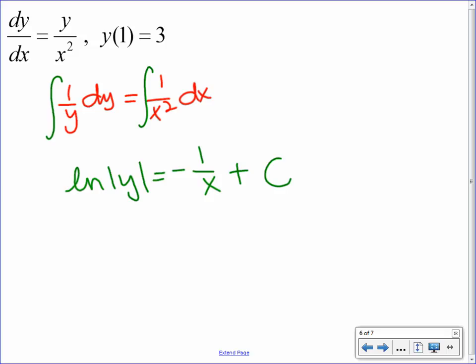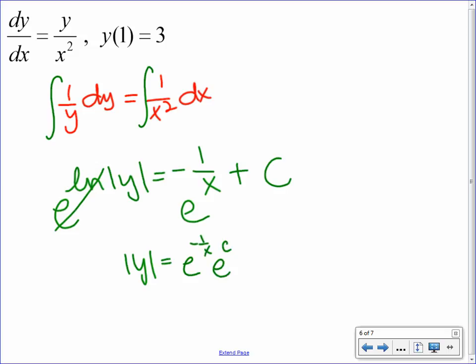Okay. Now what do you want to do? Take both sides and make them exponents of e. e to the natural log goes away, and we have the absolute value of y equals, technically this is e to the negative 1 over x times e to the c.